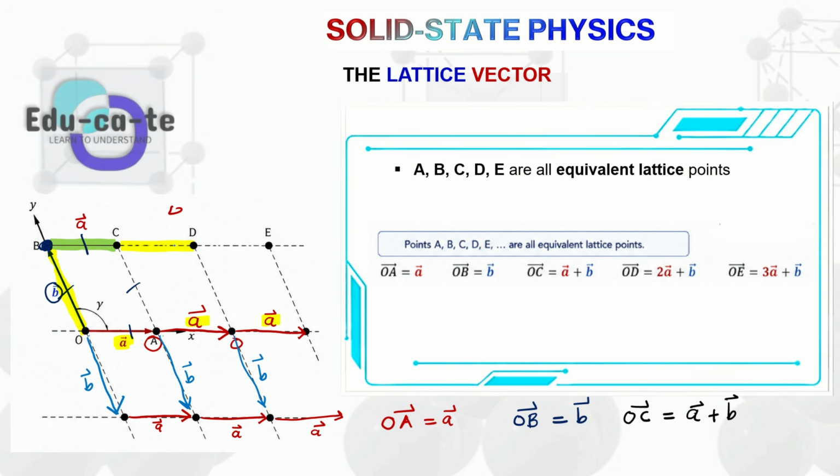So here, for me to move from point O to point D, how do I describe the lattice vector moving from point O to point D? I need to move from point O to point B. So that's the first one.